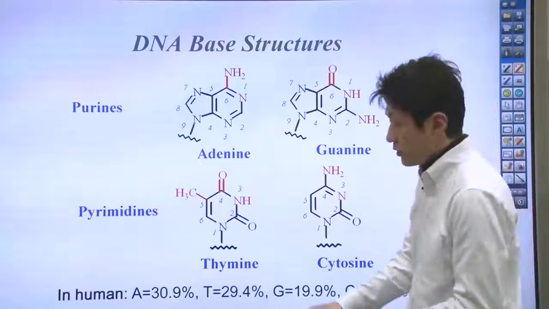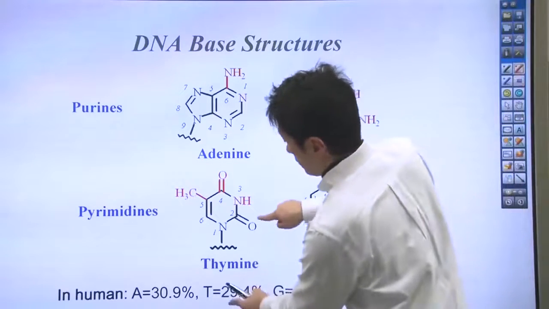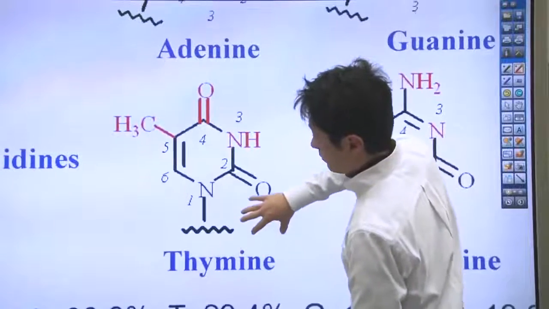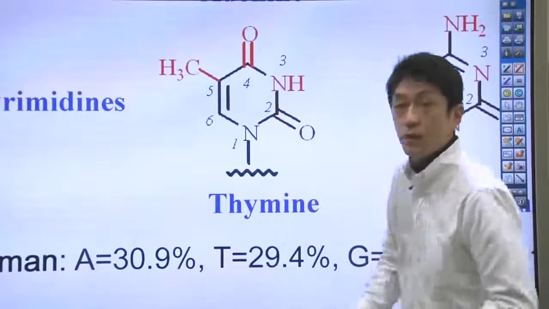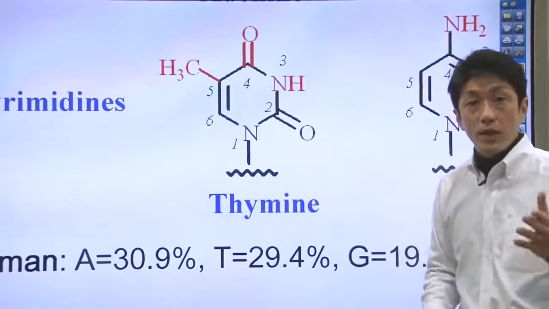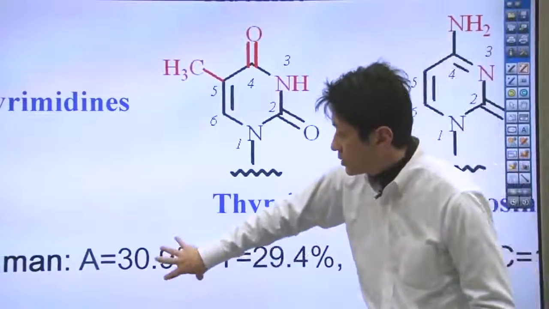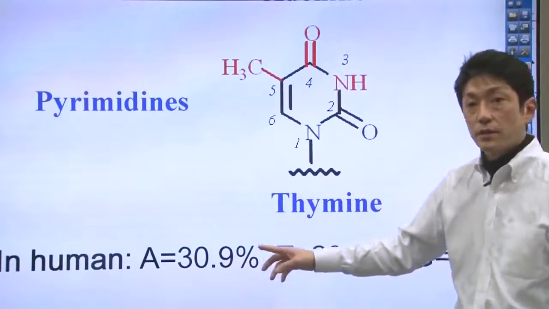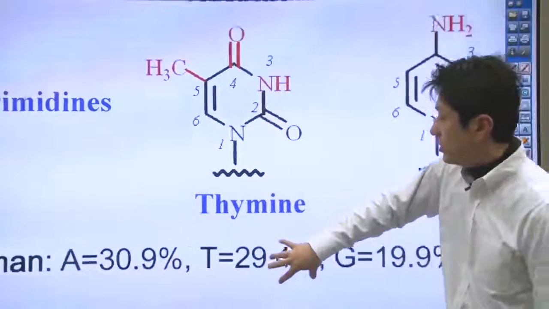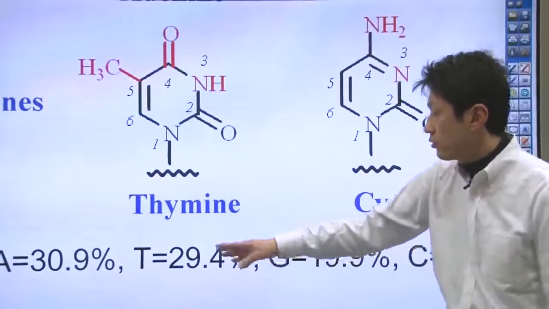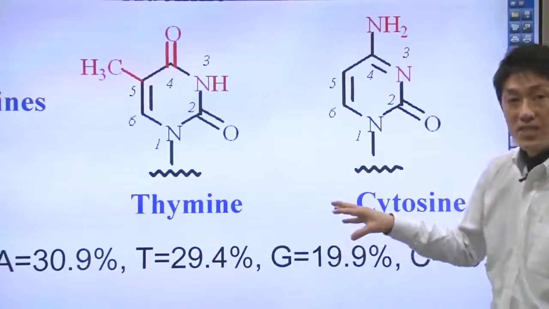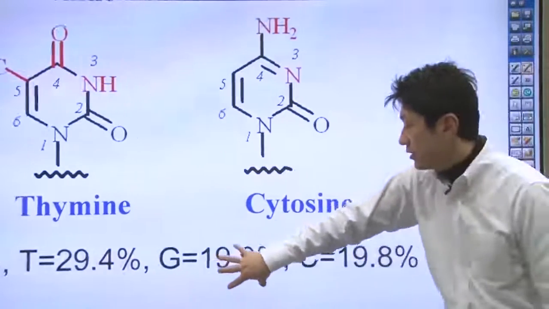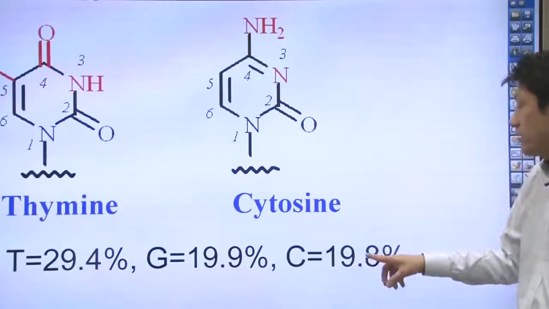In human DNA, for example, A is 30.9%, T is 29.4%. They are close to each other. Then G is 19.9%, C is 19.8%.